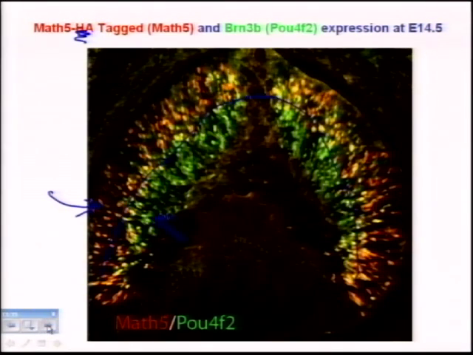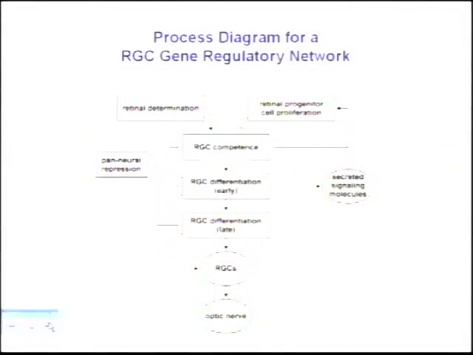So this tells us that these two transcription factors have an intimate relationship with each other and are part of different hierarchical levels of a gene regulatory network. And so to build a gene regulatory network, you need to take a systems approach, and you need to look at a processing diagram.